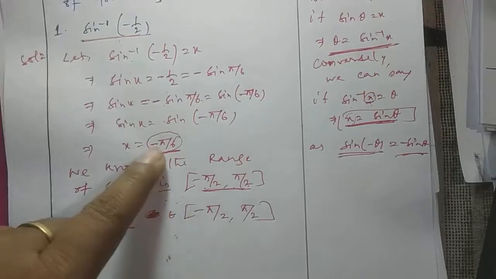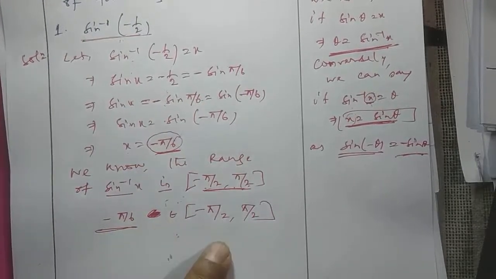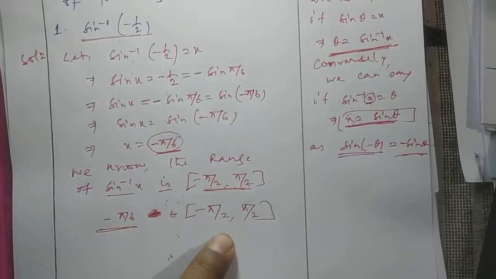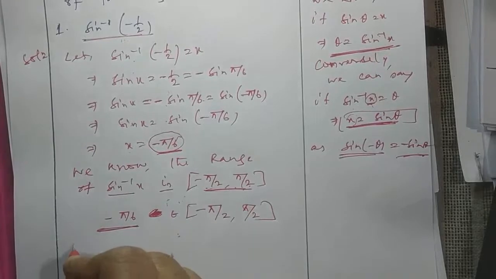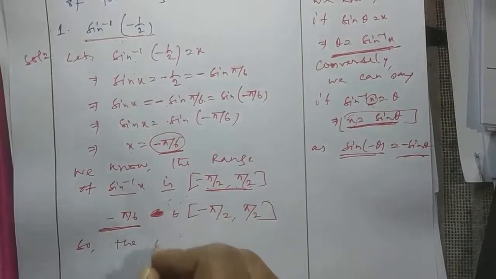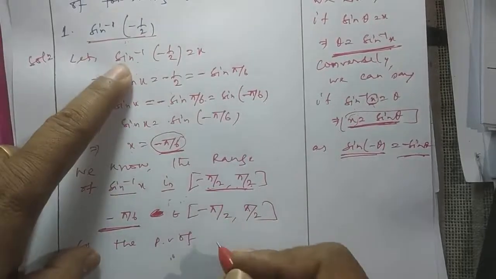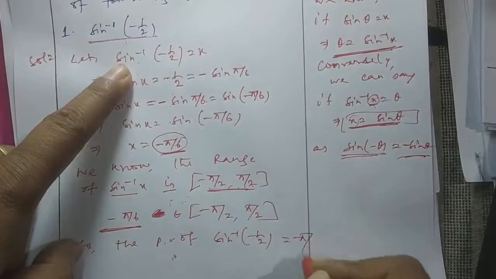So it is the required PV. So write finally: the PV of sin inverse minus half is minus pi by 6. That is the answer.